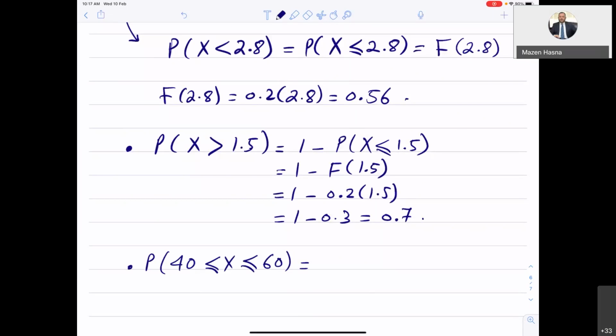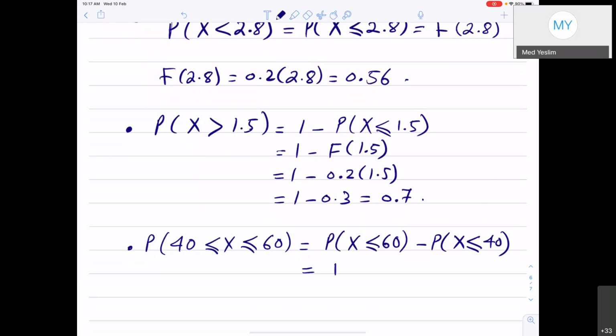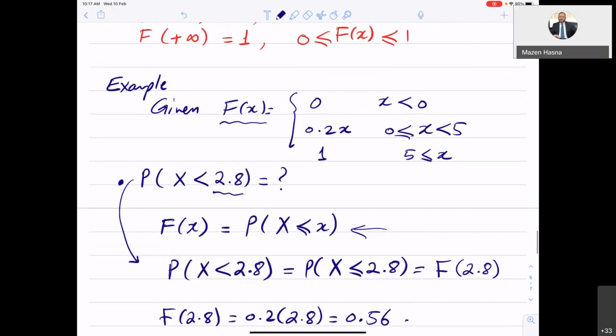Again, by definition, the probability between two points is the probability of x less than 60 minus the probability of x less than 40, which is big F of 60 minus big F of 40. So what's F of 60 and what's F of 40 based on this definition? What's the value of capital F of x?